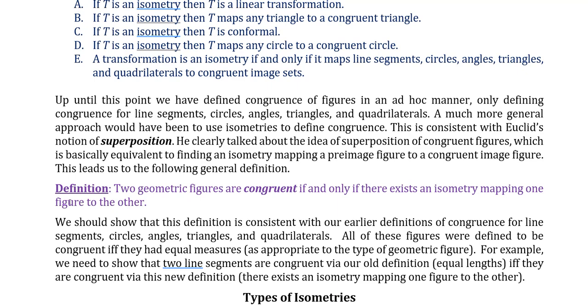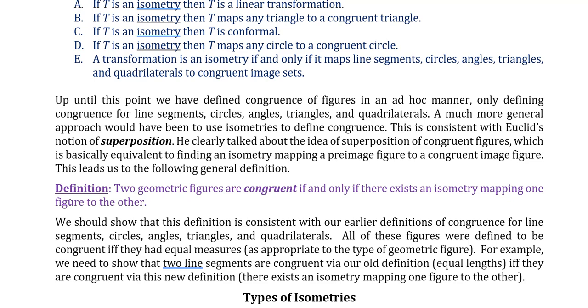He clearly talked about the idea of superposition of congruent figures, which is basically equivalent to finding an isometry mapping a pre-image figure to a congruent image figure. And this leads us to the following general definition. Two geometric figures are congruent if and only if there exists an isometry mapping one figure to the other. Now that is going to be our overall definition of what it means to be congruent.